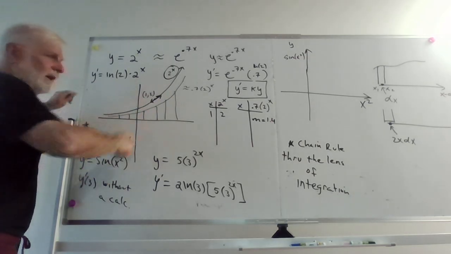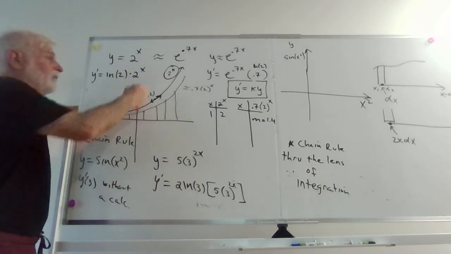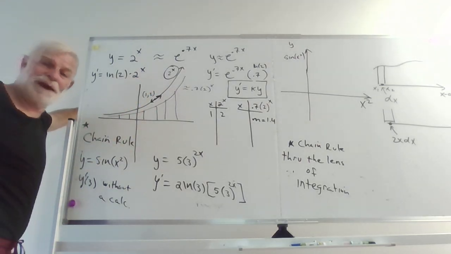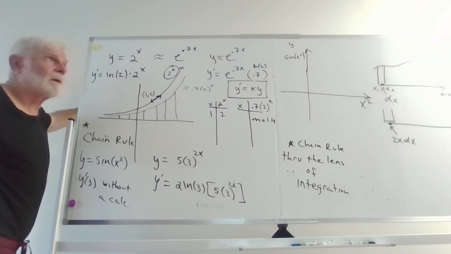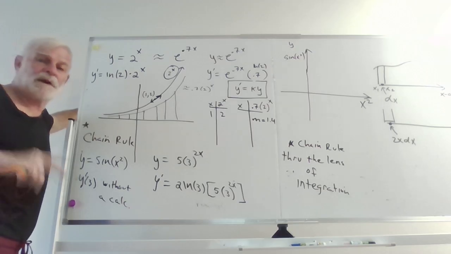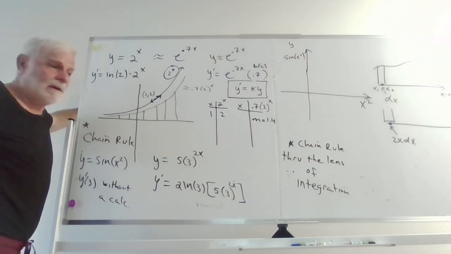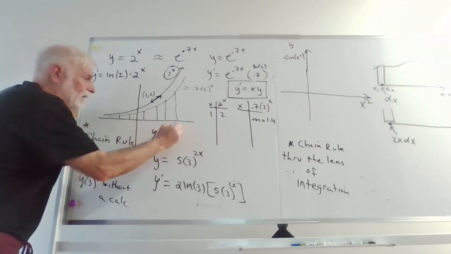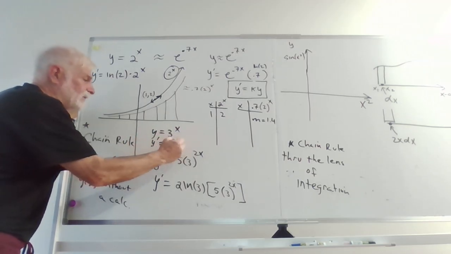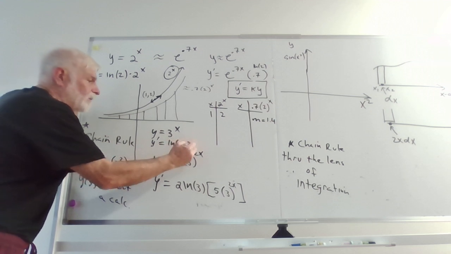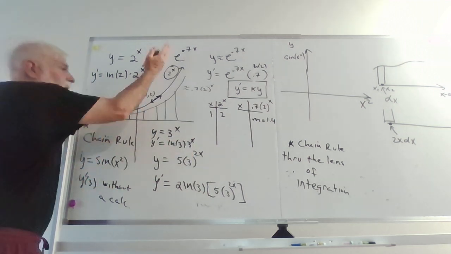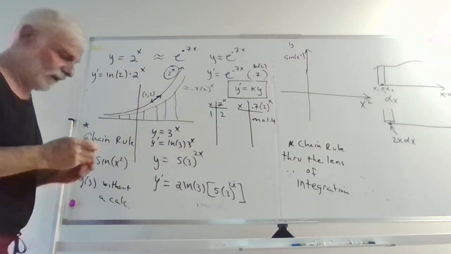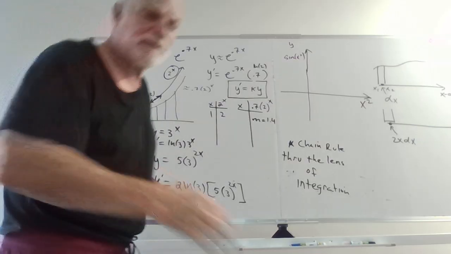If I was doing 3 to the x, I'd be doing 1.1 times 3 to the x, and that would be a representation of ln of 3 times 3 to the x, and 3 to the x would be going up a little faster, and I would be a little bit above the 3 to the x curve each time to measure its rate of change.